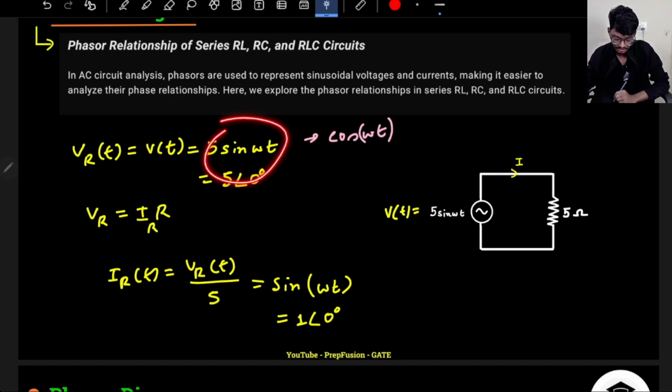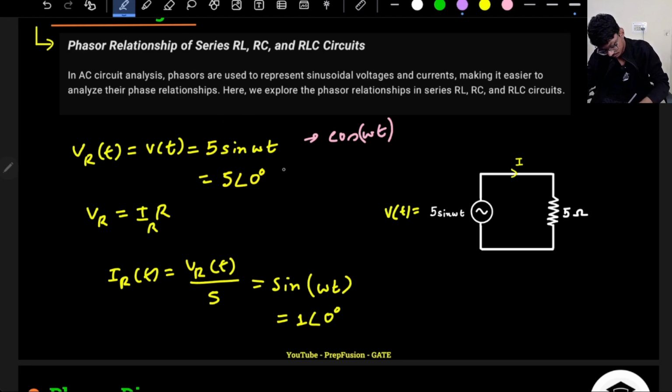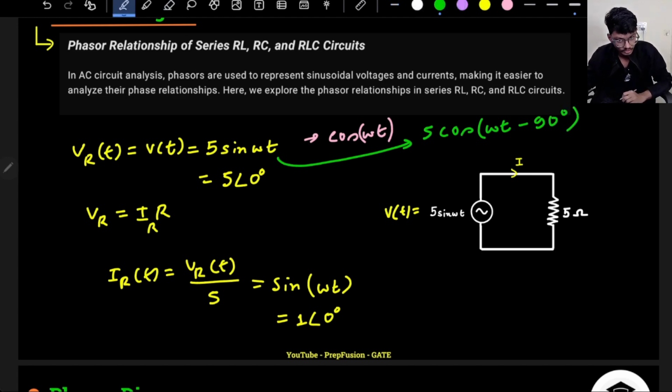I can write this as 5 cos of omega t minus 90, cos omega t minus 90. This is what we can do, correct?